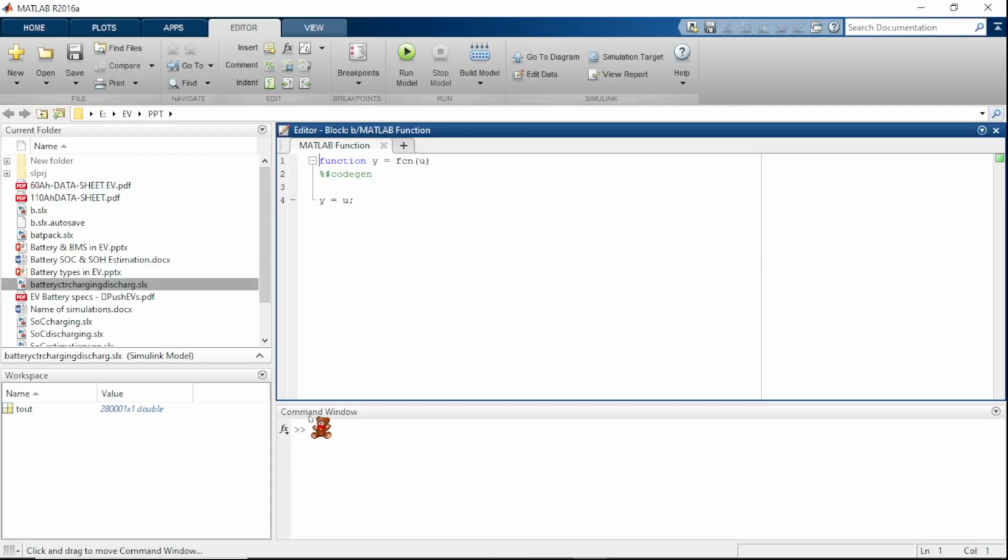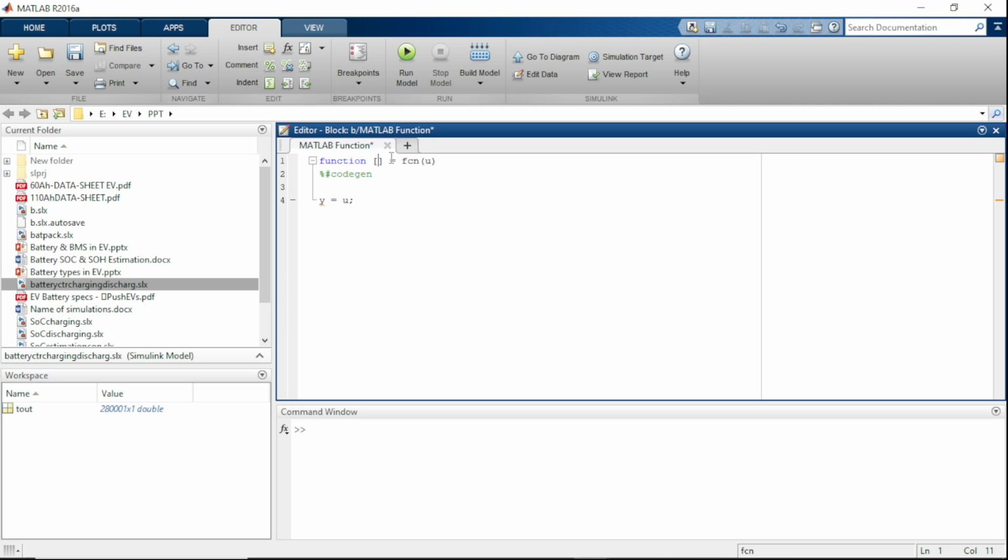Okay, so I have to write the code. Here we are taking two functions: one is when the load is connected, and the second is when the battery is being charged.